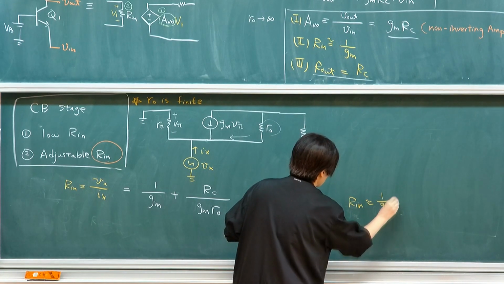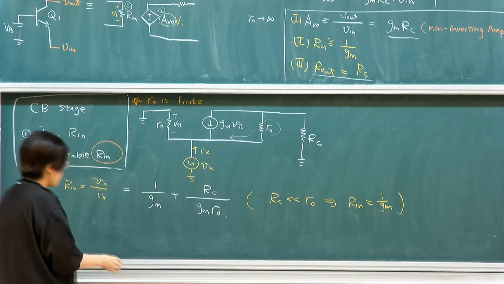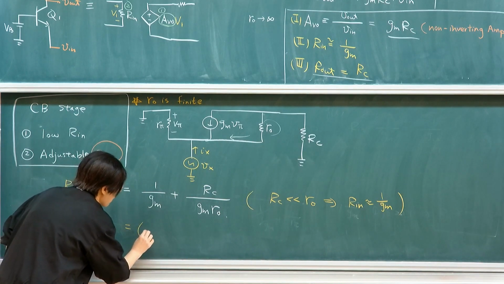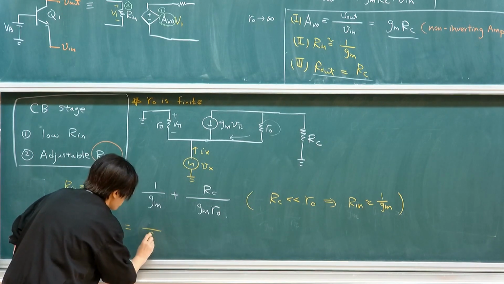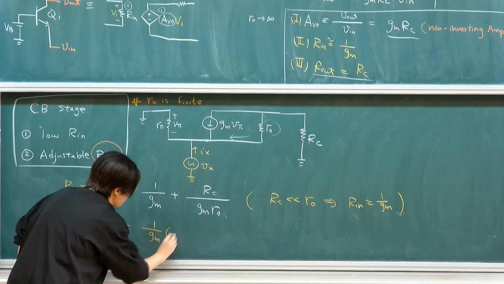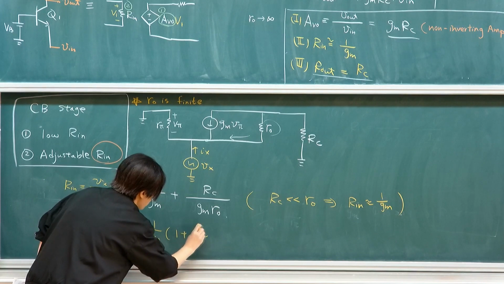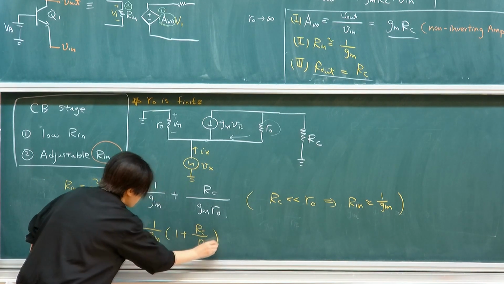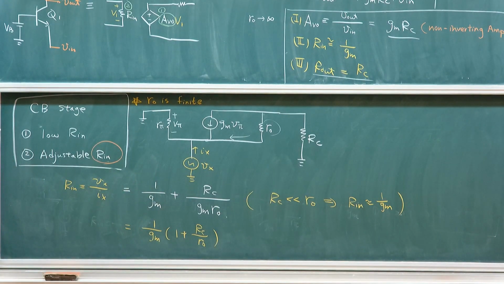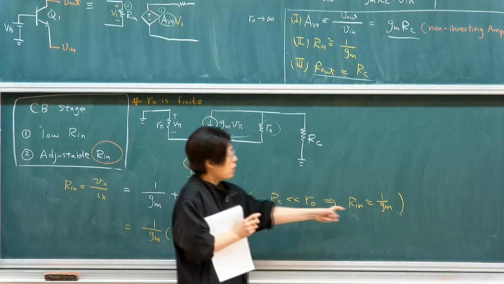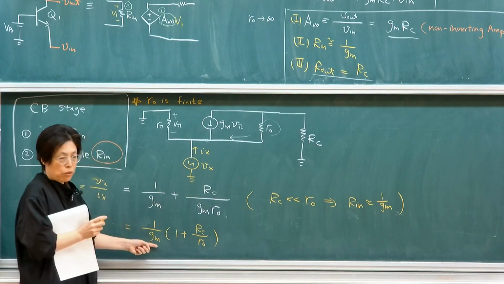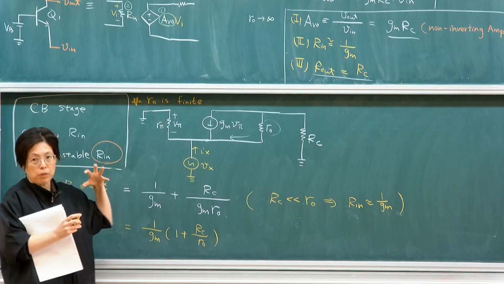This approximation still holds. If I'm rewriting this equation, it's 1 over GM times 1 plus RC over RO. As long as my RC is smaller than the output resistance, this will still be relatively true. This approximation will still hold.